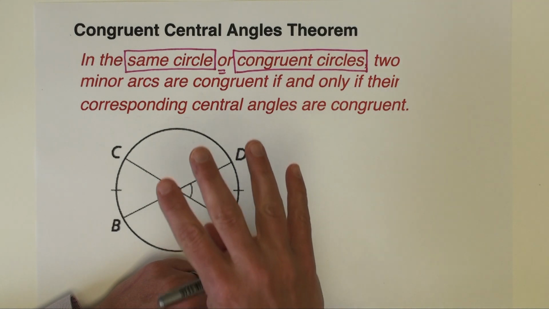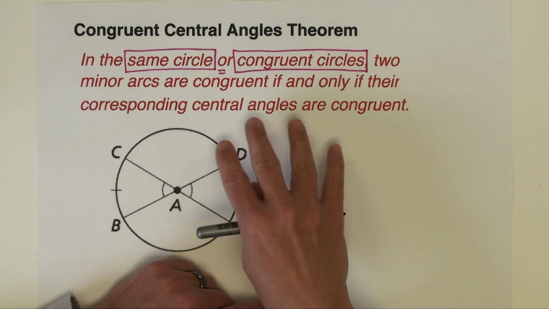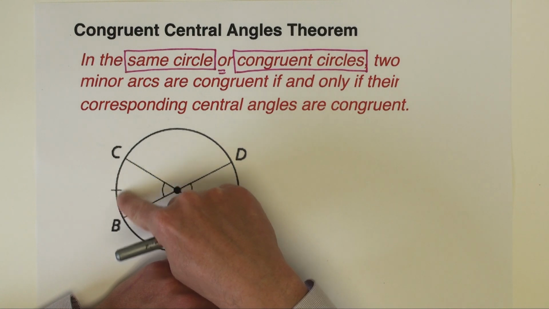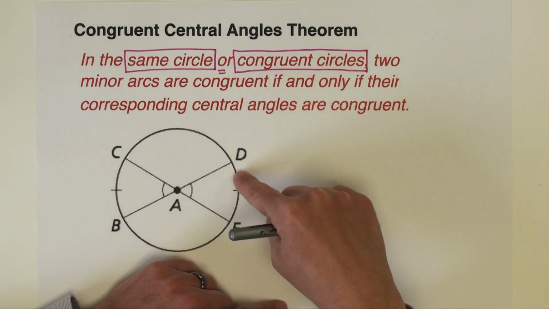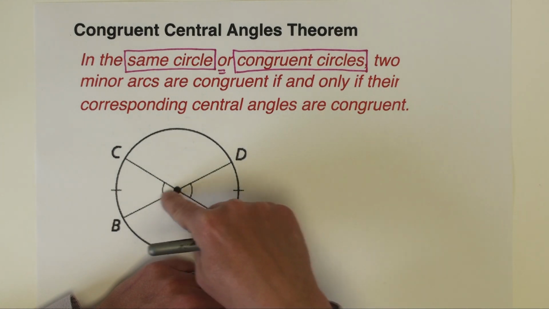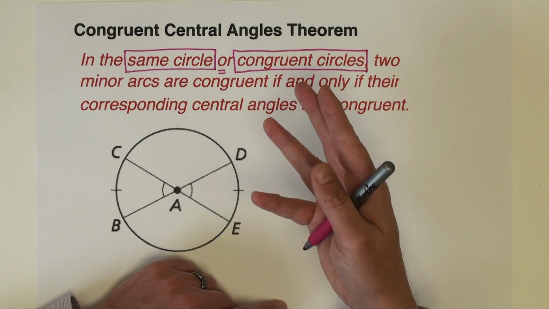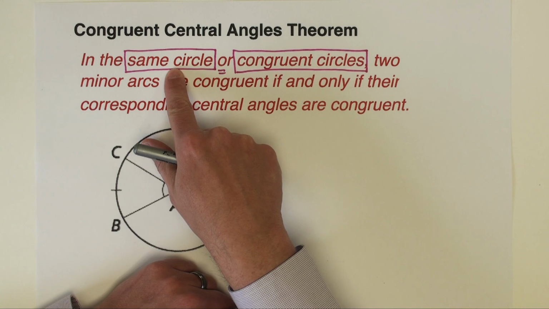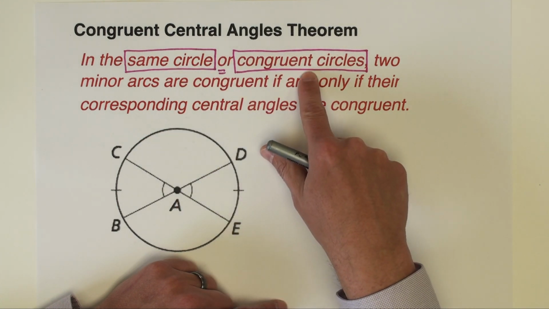So this theorem says that arc CB and arc DE are going to be congruent if the central angles are congruent and they come from the same circle. Or maybe they come from two circles, but those circles are congruent.